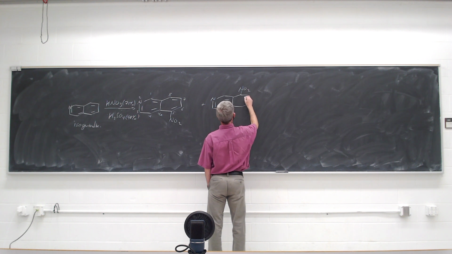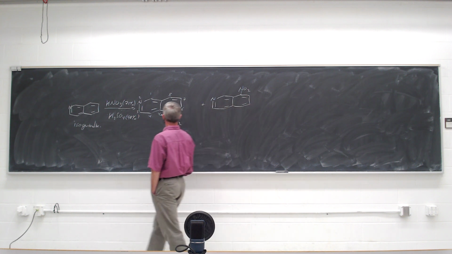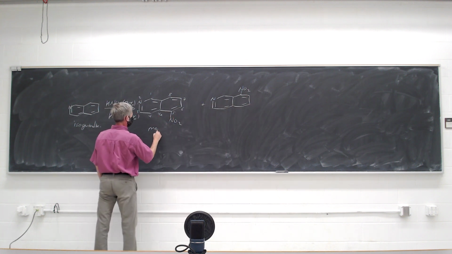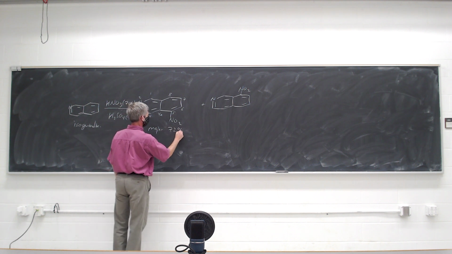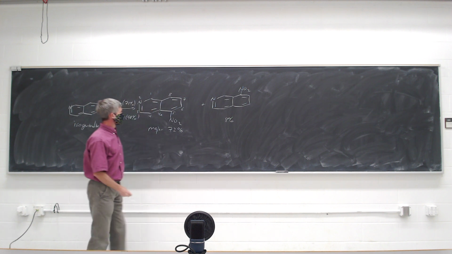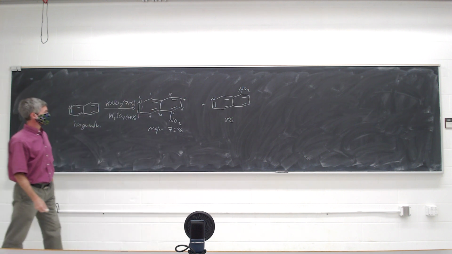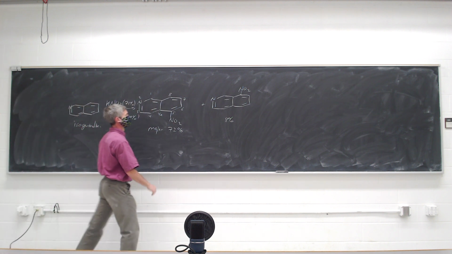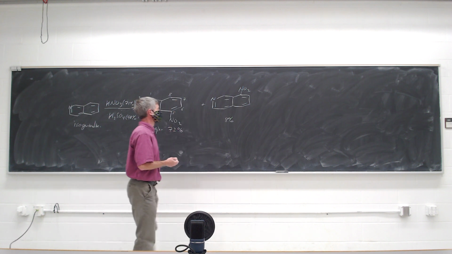Get attack there. But now you're going to get much more of this, like 72%, I think, to like 8%. The yield's not very good for these reactions, but you get much greater selectivity for this position than you did in the case of the quinoline.